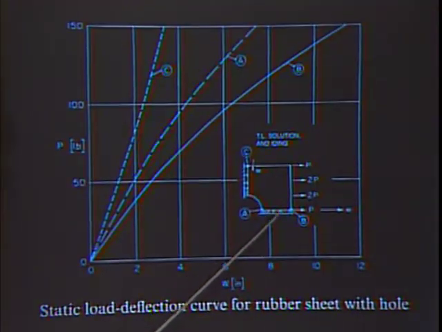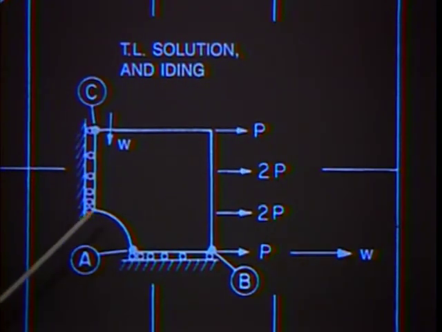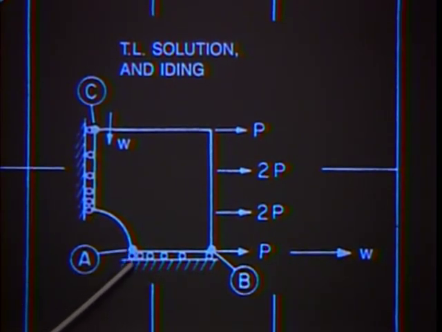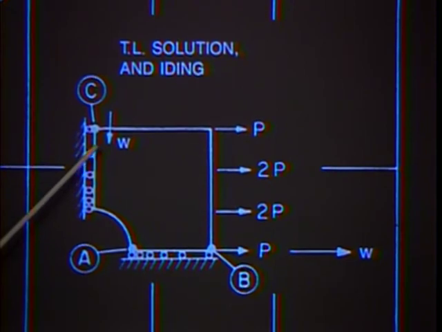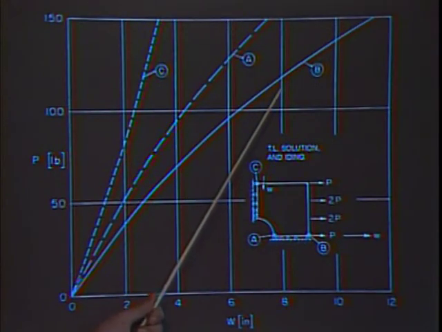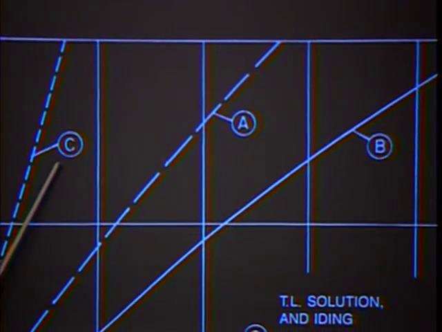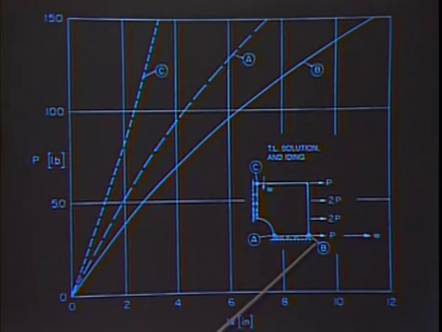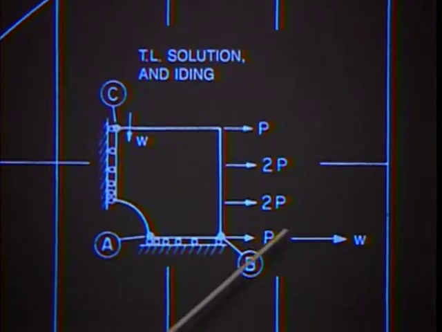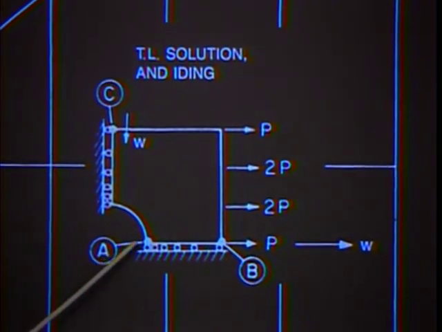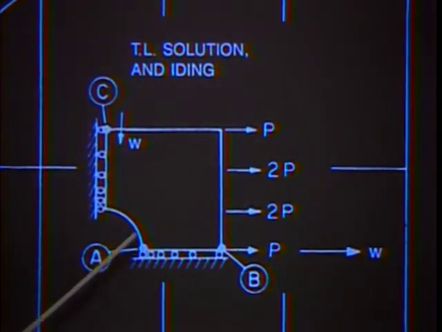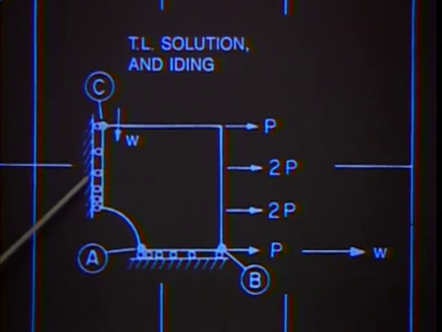Notice down here we have a little key for the points that we want to look at. Here is point B, here is point A, and here is point C. The graphs here show the displacements at point B, at point A, and point C. In each case, the W displacement, which at point B is in this direction, at point A is in this direction, but at point C is downwards.